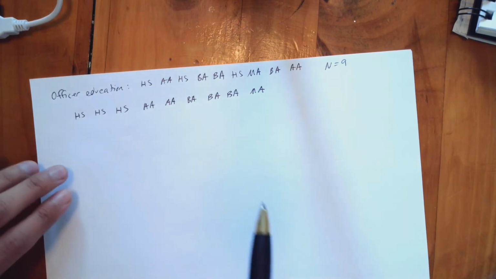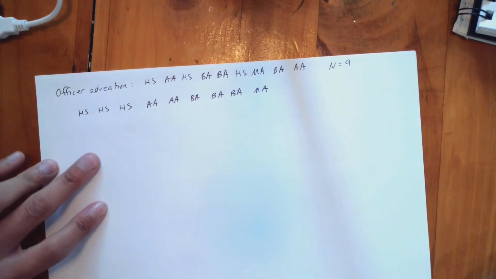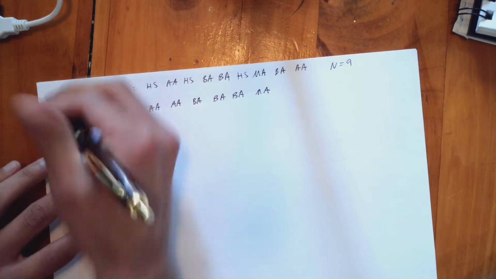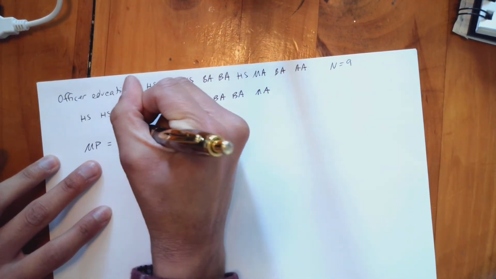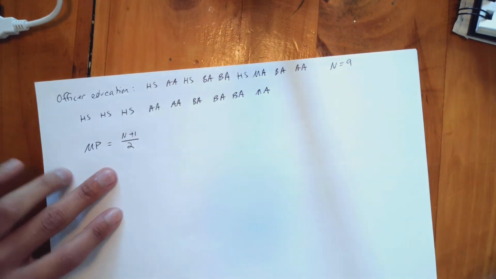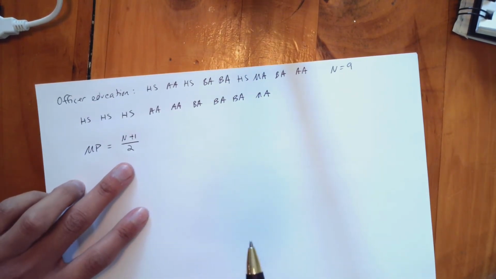You could find the median by counting inwards, but I'm going to run through one more example with the median position formula. So we're looking for our median position, and we know we can find this using the formula n plus 1 over 2. In this case, our n, or total number of observations, is equal to 9, so we'll plug that in.